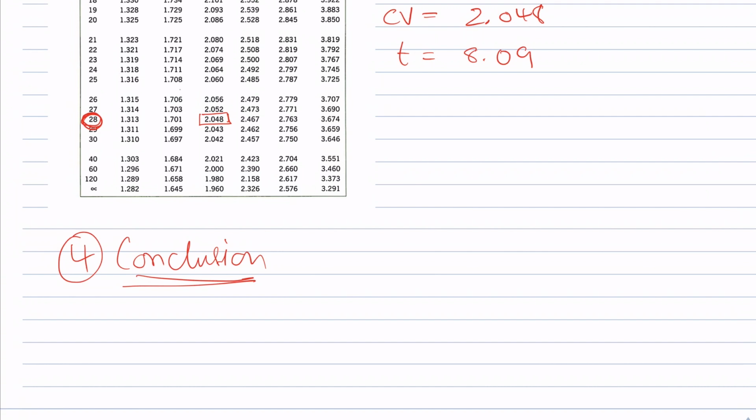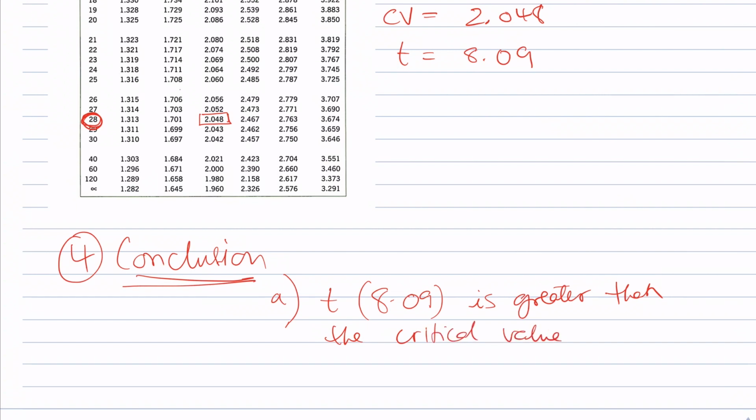We make our conclusion, and remember we kind of broke that down, even that has a structure. So in the first part we say that the t-value of 8.09 is greater than the critical value of 2.048.